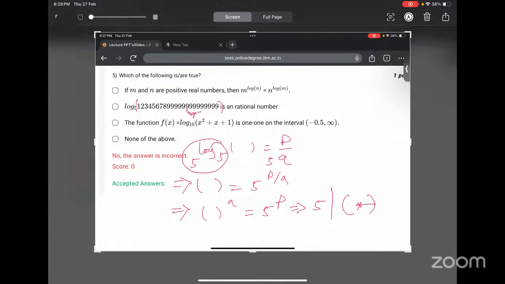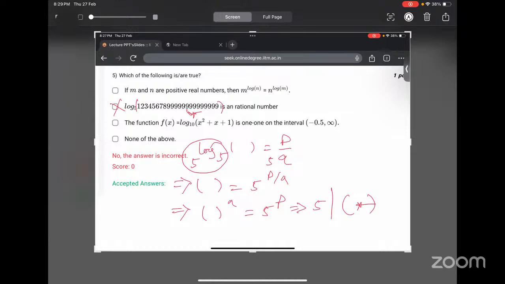But we can see that the number is ending with 9, right? So the one number which is ending with 9, is it possible for 5 to divide the number? No, ma'am. No, right? So we are getting a contradiction from here. That means this option is an incorrect one. Okay.